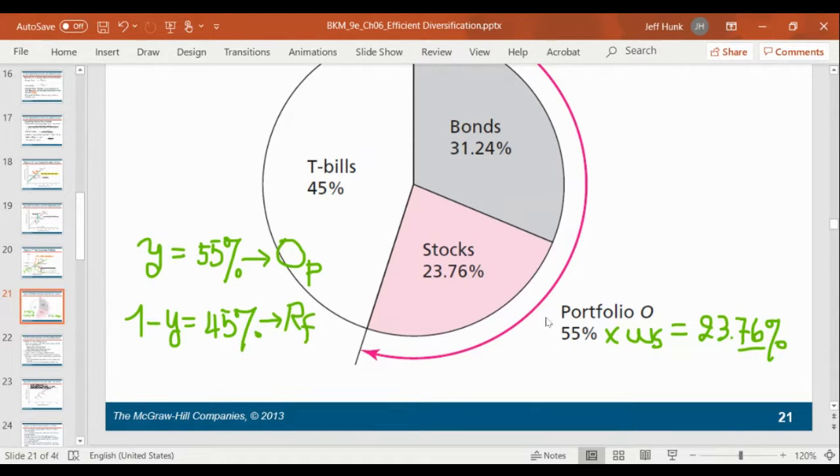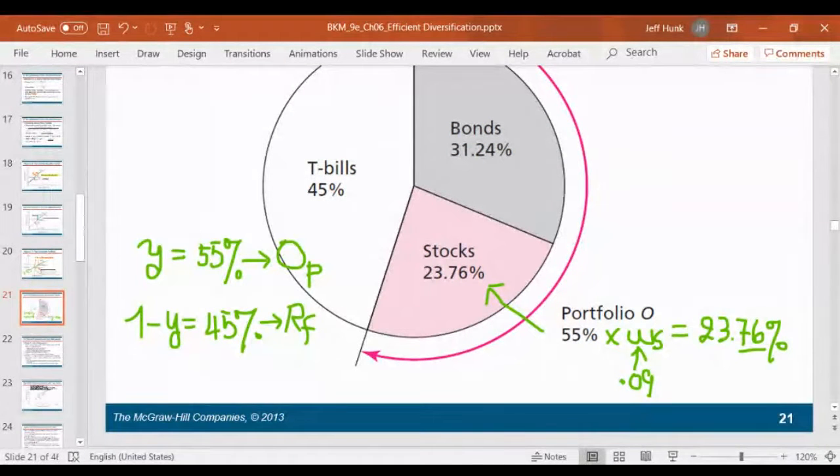Okay, and then from 55% times the weight of stock, and the weight of stock was 0.9 something, I guess. That was 0.932, right?